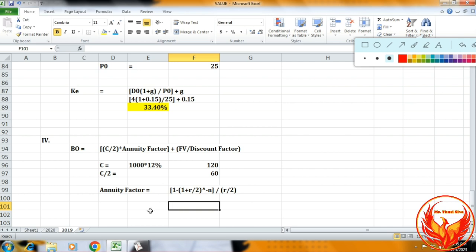This is the equation for calculating the annuity factor for the semi-annual bond.